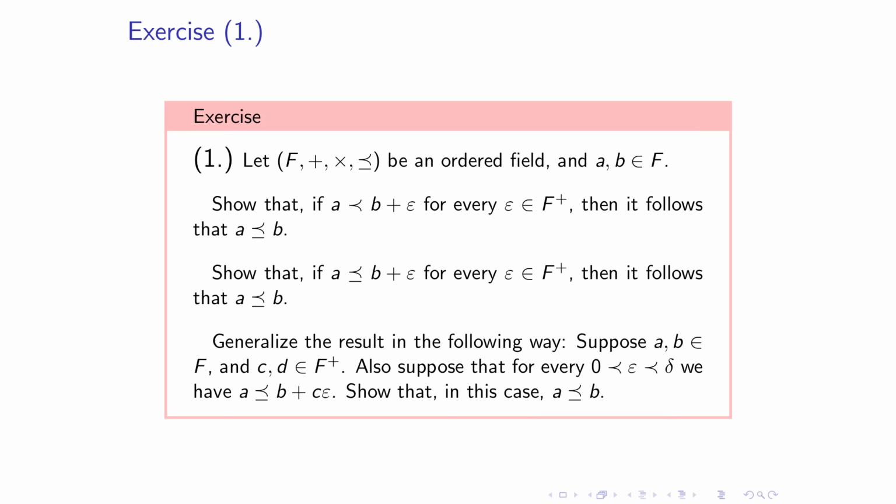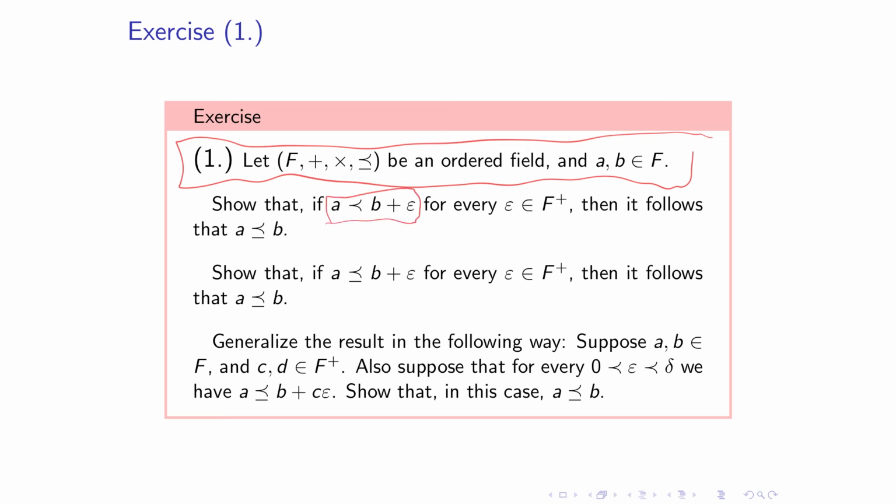So the first exercise, we're going to take an ordered field and two elements, A and B, in this ordered field, and we will show that if this inequality, A precedes B plus epsilon for every positive epsilon, is true, then A precedes B, right?